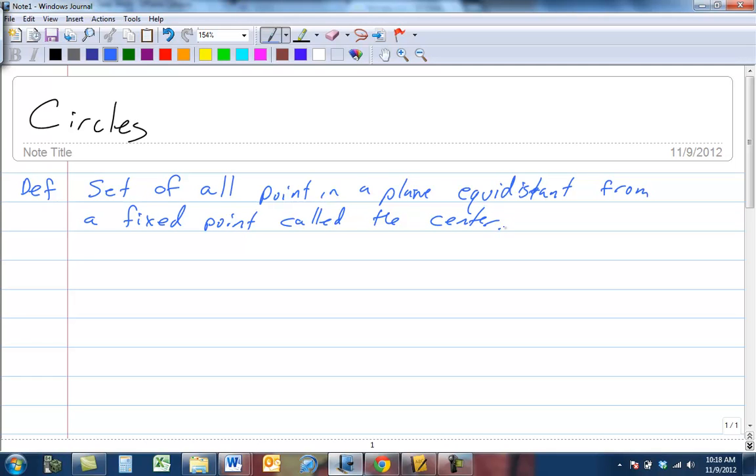So the set of all points in a plane equidistant from a fixed point called the center.